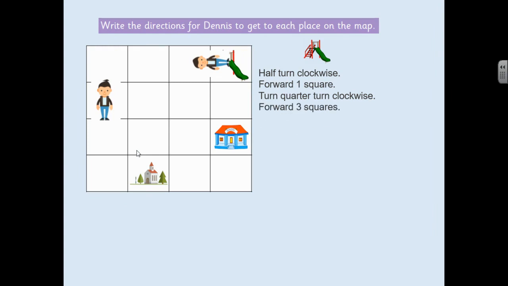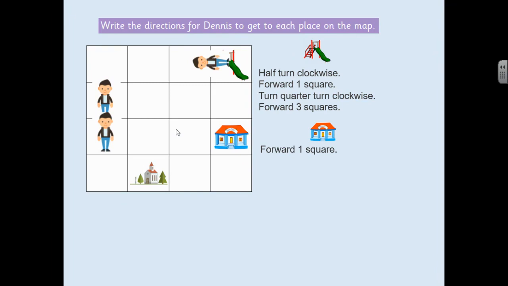Right, so the next destination that he's going to go to is the school. So what we need to do is, he's facing this way, again facing us. So he needs to go down and then he needs to turn to walk towards the school. So first, forward 1 square. Then he needs to make a turn.